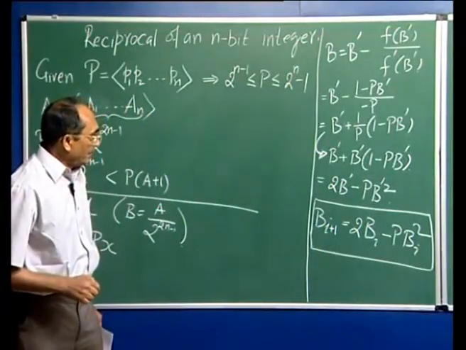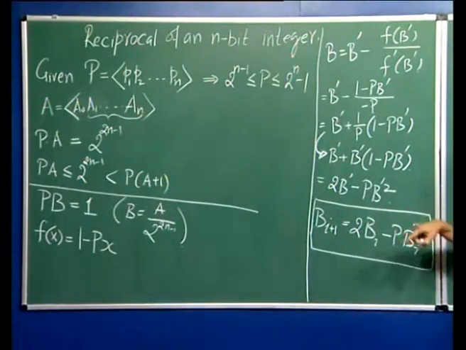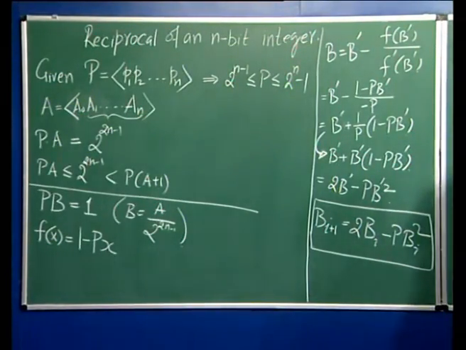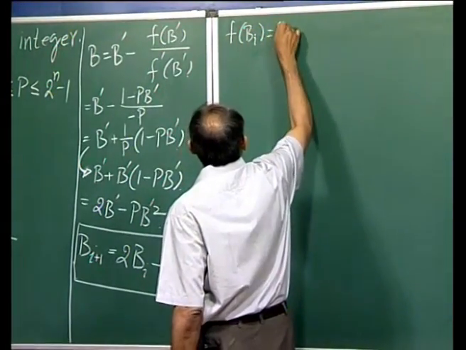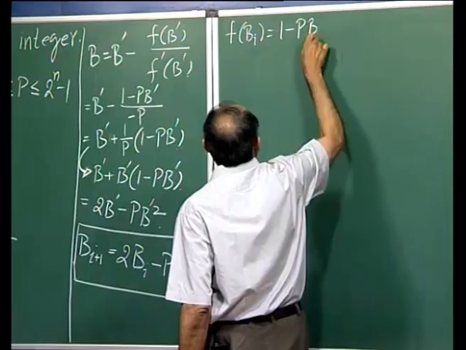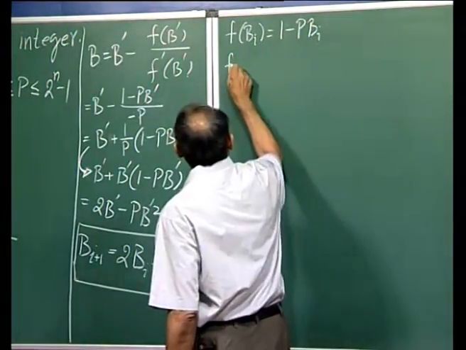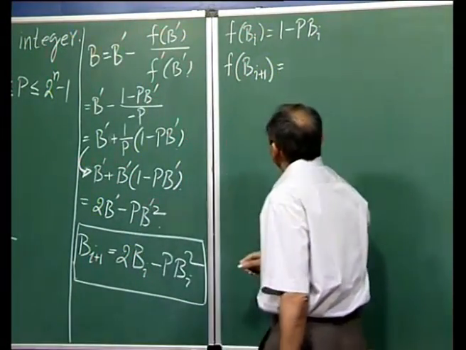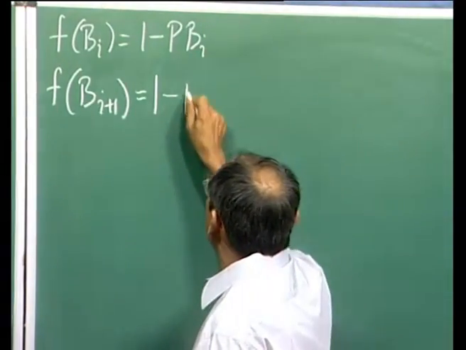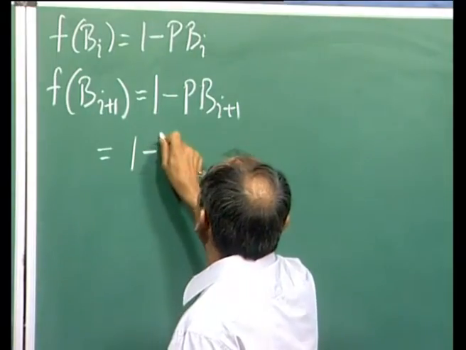Okay. So, let us try and estimate the error in one iteration. So, the error in the previous step, f of p b I, was 1 minus p b I, and the new error f of p b I plus 1 is 1 minus p b I plus 1, which is 1 minus p.